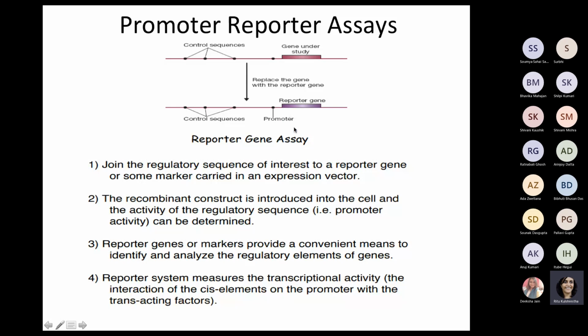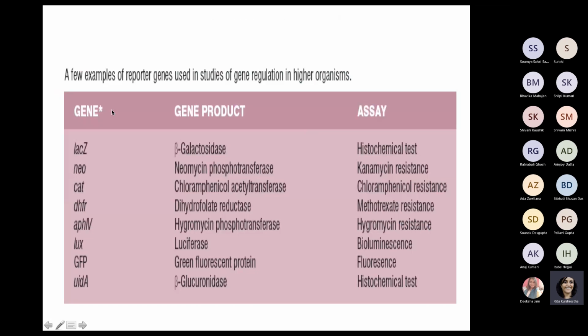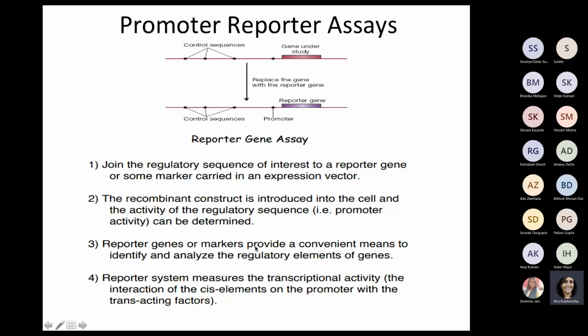Multiple reporter genes are there, but the most common ones are luciferase based reporter genes and GFP, and in case of plants, GUS. Beta galactosidase is also one of the various reporter genes that you can use, and you clone your promoter here. Then the construct that you have made, you transfect into your cells.